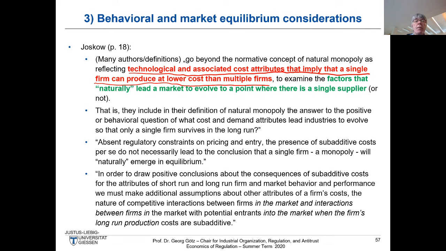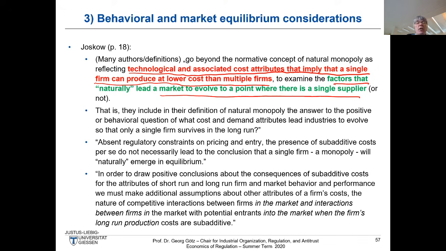Now the point, and I stressed that many times, is that having a natural monopoly in a technical sense does not mean that a market automatically evolves to an actual monopoly, and at the same time it's not clear that you really should have one from a normative point of view.